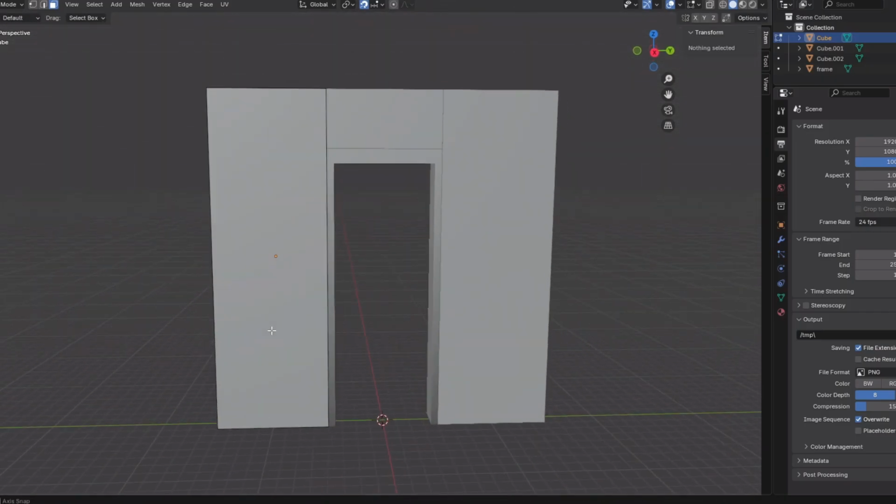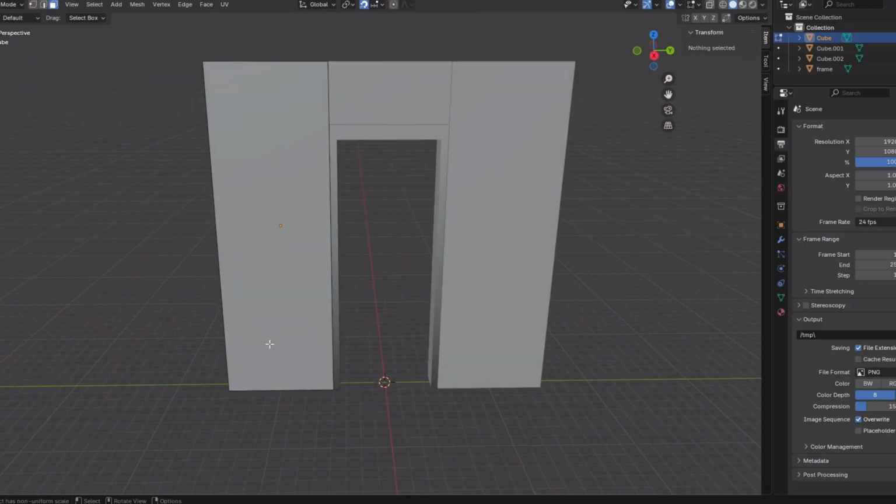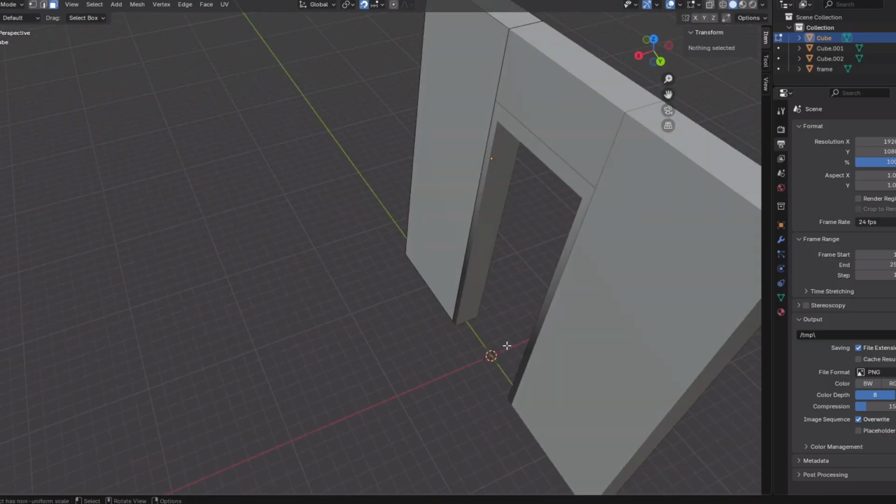And for windows, they're basically just going to be squares, but they are going to be halved as well.